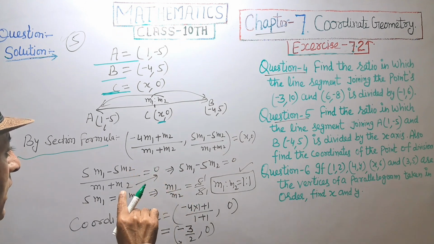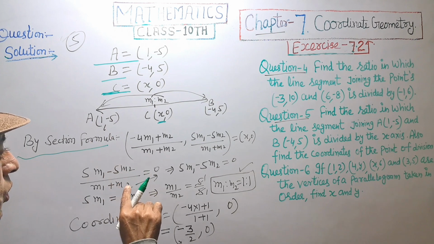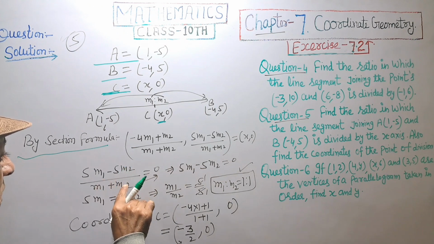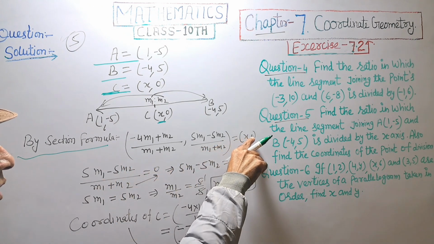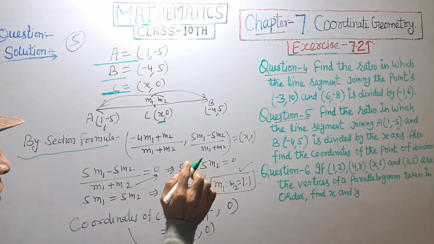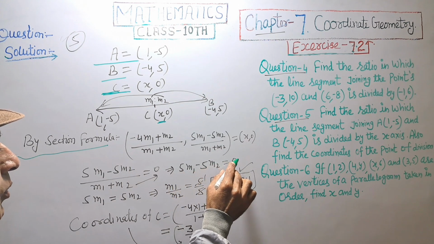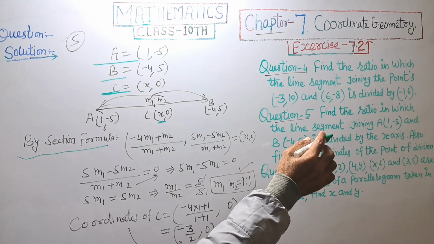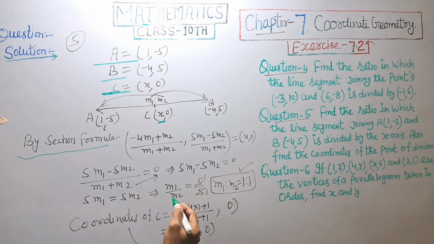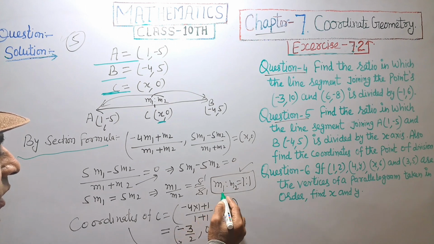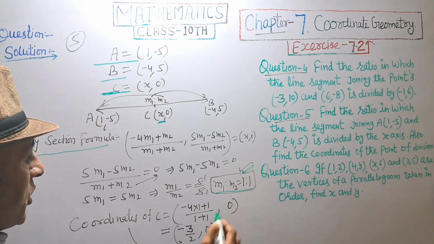First of all, we find the ratio. 5 m1 minus 5 m2 upon m1 plus m2 is equal to 0, but m1 plus m2 multiplied by 0 is 0, so 5 m1 minus 5 m2 is equal to 0, means 5 m1 is equal to 5 m2, and m1 upon m2 is equal to 5 upon 5, that is equal to 1 ratio 1. Ratio is equal to 1 ratio 1.